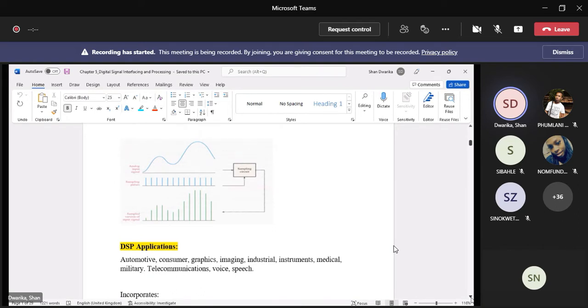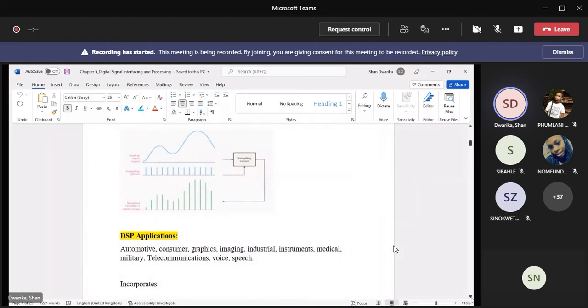You can sample them at those particular points, and then at the bottom you will have the sampled version representing discrete levels. Those discrete levels can then be converted to a digital representation. So that's the sampling process.